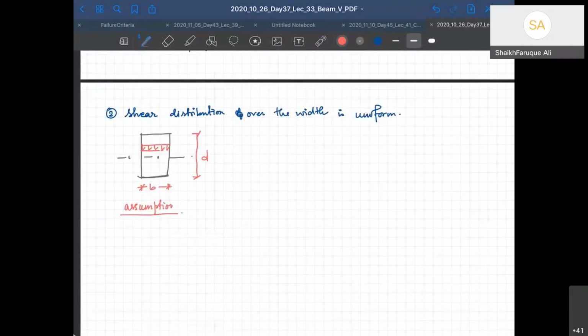In reality, if this is your cross section, then your shear stress distribution is going to look something like this.